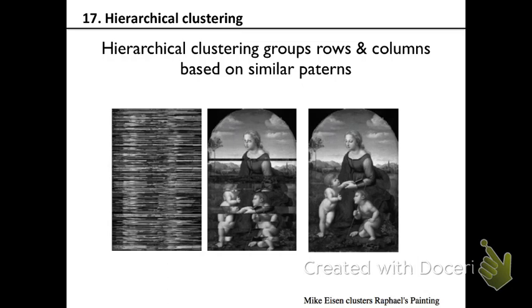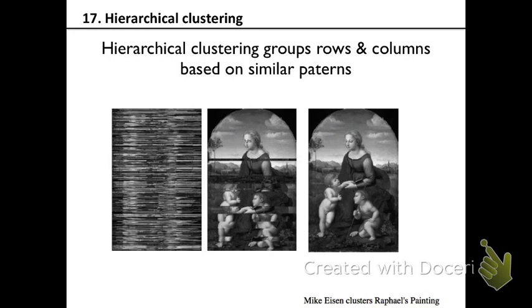So let's say you're trying to assemble them back together. If you did this in silico, not in real life, you could take a hierarchical clustering algorithm, apply it to that, and produce a picture like this. It's not perfect, but it's pretty close to back to normal.